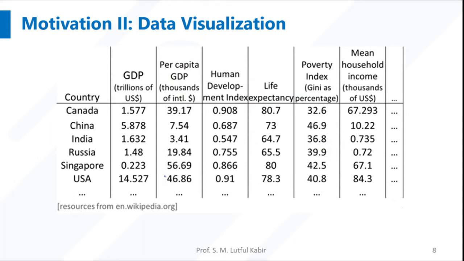This is various data of a country, and that represents different types of information for a country. For example, GDP, the total GDP of the country, per capita GDP, that means GDP per person, Human Development Index, then life expectancy, poverty index, mean household income, etc.